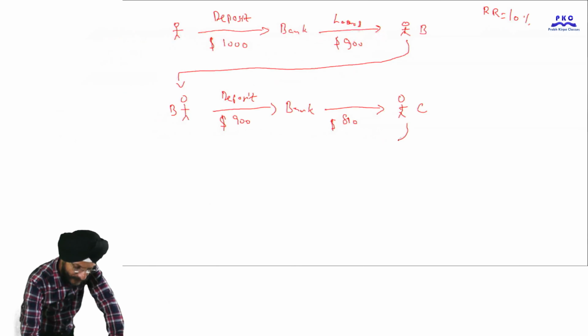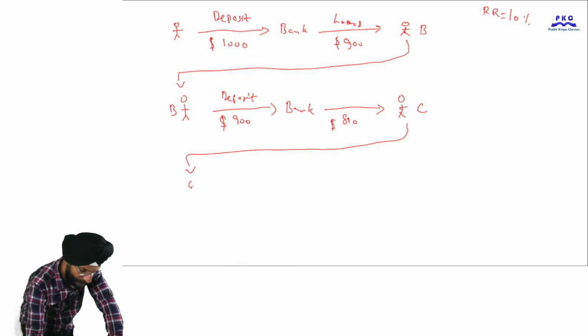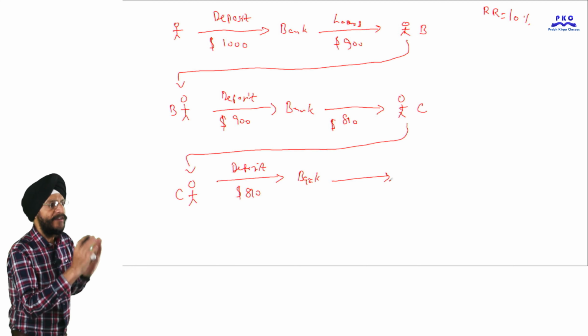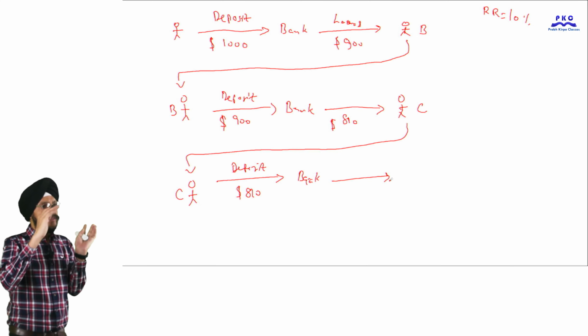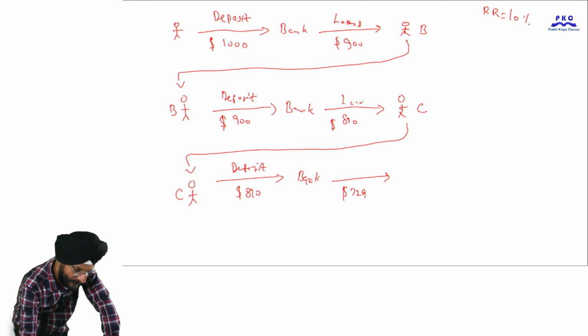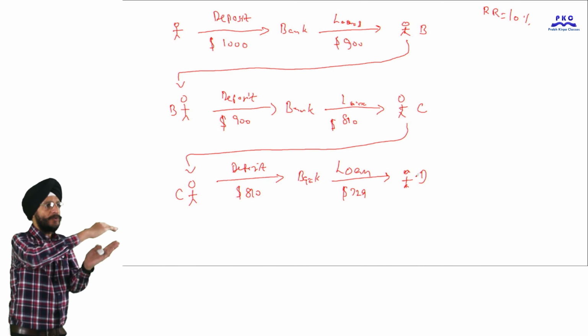So again, this money gets deposited in the same bank in the name of C. So now the banks are again in a position to keep 10% of this $810, and 90% of $810, that is $729, will be given on loan to D. So this process goes on.